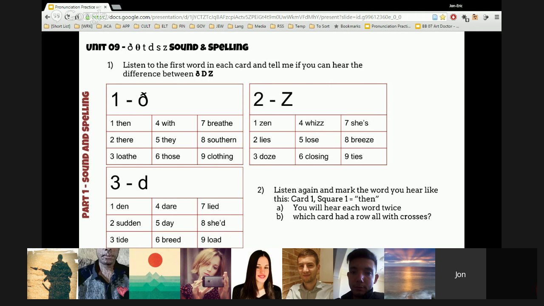Fifth, with. Sixth, sudden. Seventh, almost the last one, then. The last word is breed. And that is it. Look at your score, if you've been writing these down, and tell me which card had crosses all the way across the first row.